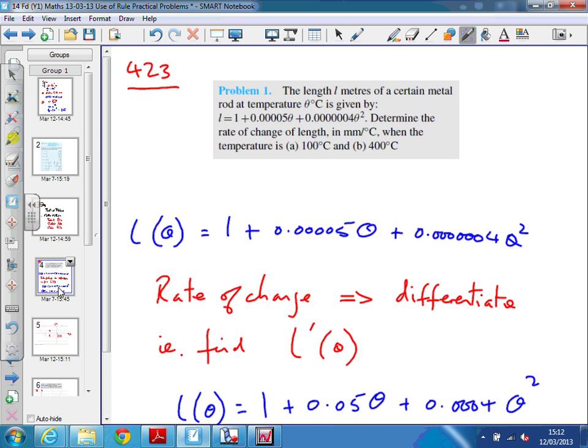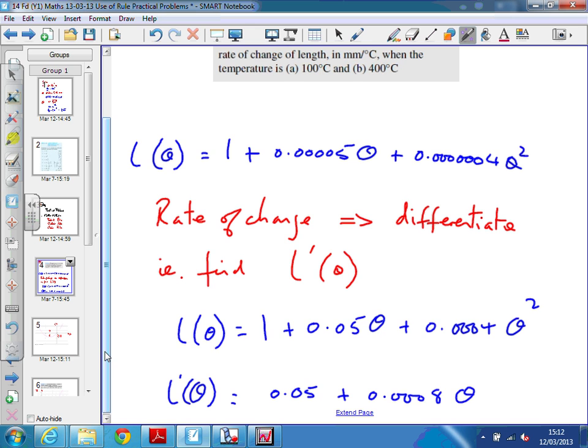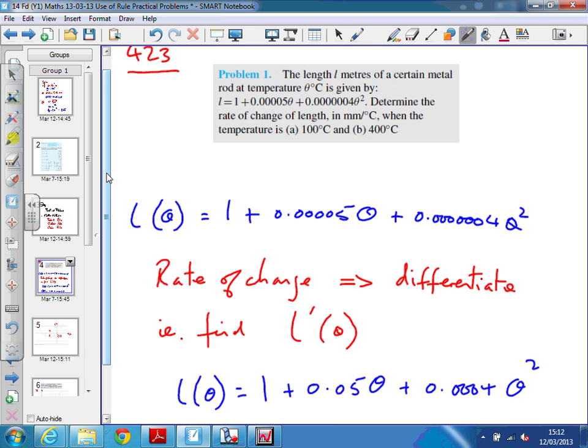So if we go back to the question, we've now got a function that would tell us the rate of change in millimeters per degree centigrade. The rate of change, which we might be interested in, is that it's increasing at this number of millimeters per degree centigrade.